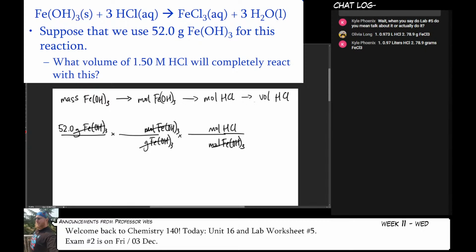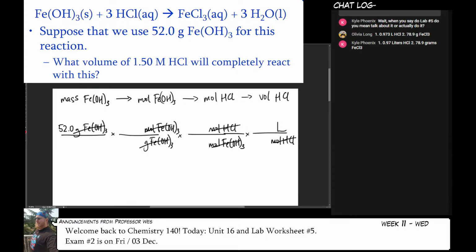More or less just following this blueprint up at the top here, yeah? Which is what we've been doing all this quarter. Just convert one thing into another. That's the goal of 140, is convert everything into everything else, right?